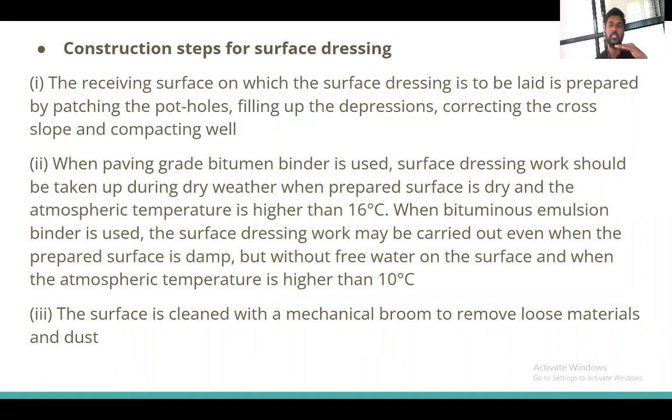Before applying the surface dressing, the layer should be well maintained in terms of cross slopes. It should be filled with patches if potholes are there. If depressions are there, they should be filled up. It should be compacted well before applying the surface dressing.